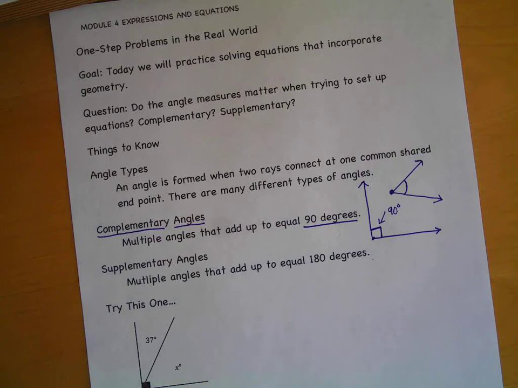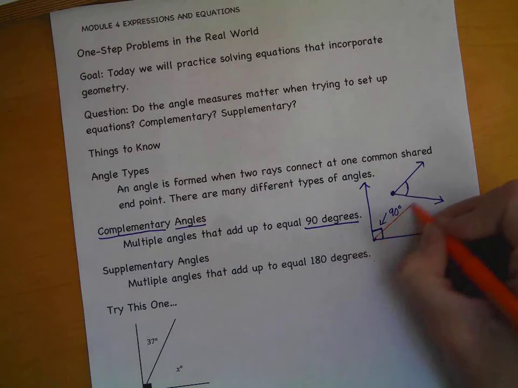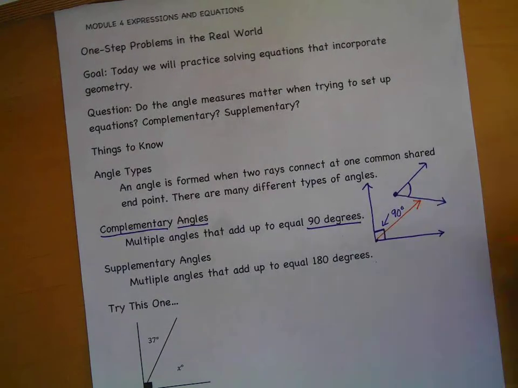My picture right there is a 90-degree angle, but it doesn't show you two added together. So I'm going to add this little line right here, and I'm going to tell you that's another ray.